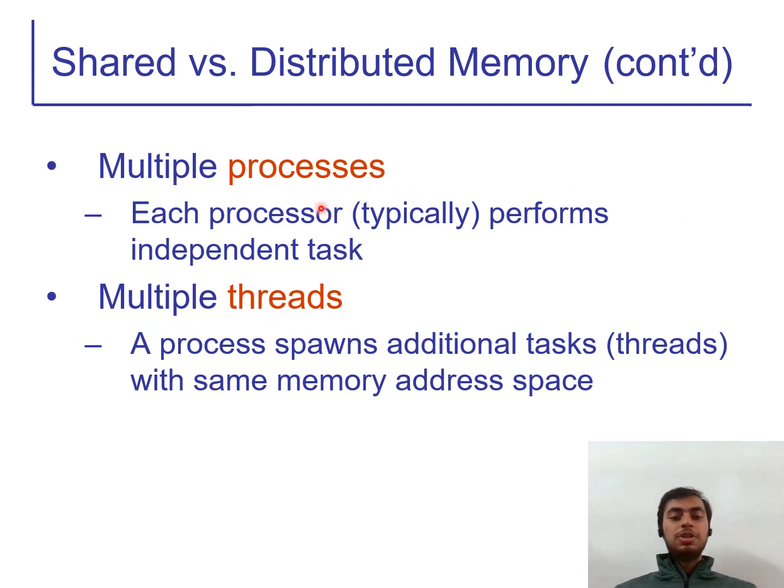Multiple processes: each processor typically performs independent tasks. Multiple threads: a process spawns additional task threads with the same memory address space.